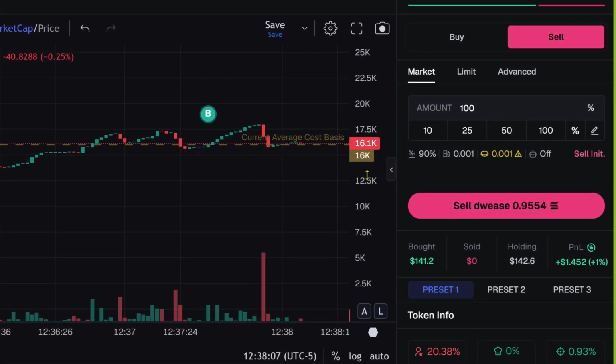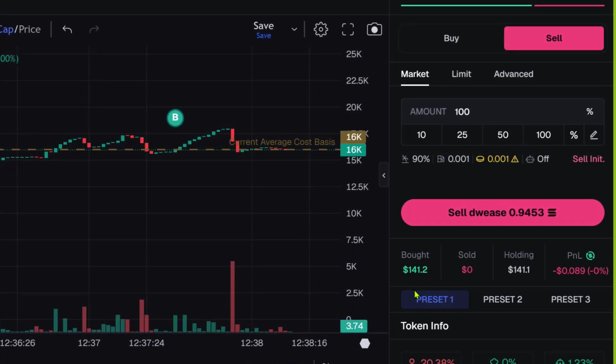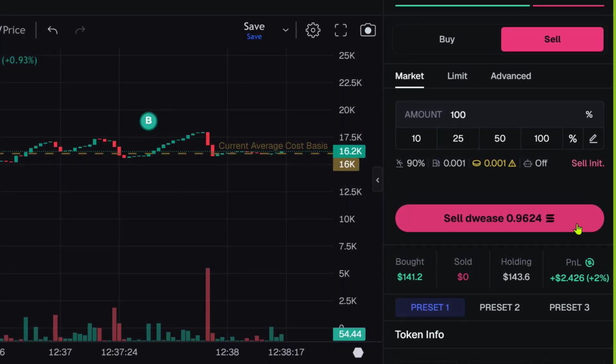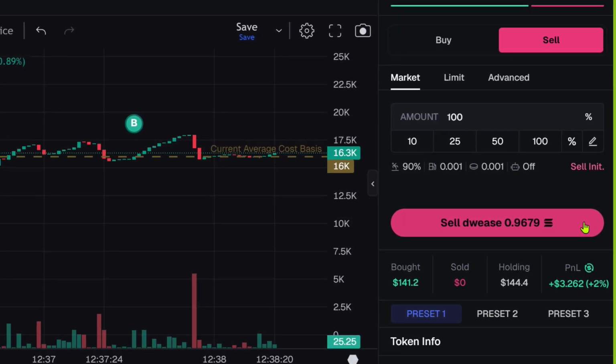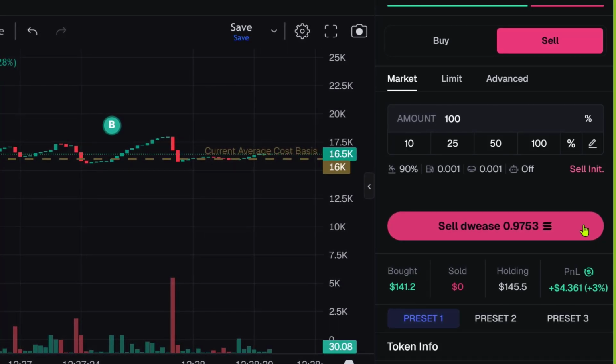This one could get turbulent. Is this the first one that gets us? Holders are going up slowly. We're maintaining.